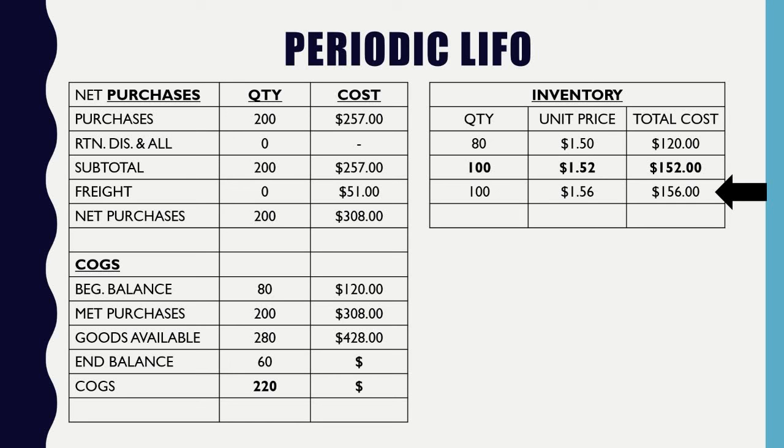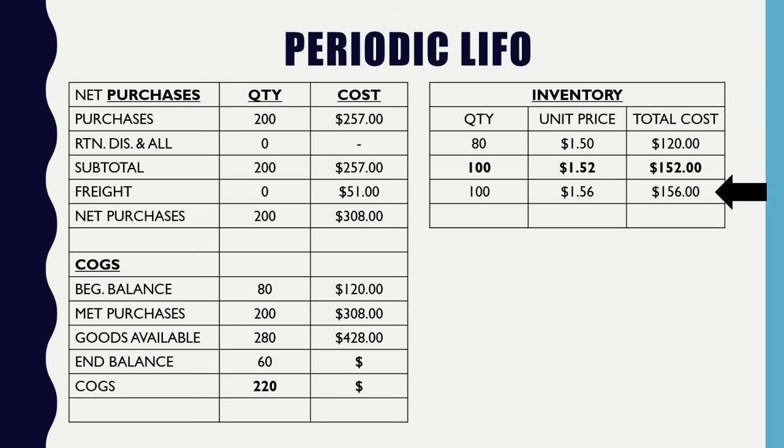Okay? So now let's look at our chart again. The last thing that we bought was 100 items. The second thing, the middle item that we bought was also 100. And then the top one that we looked at is 80 items.